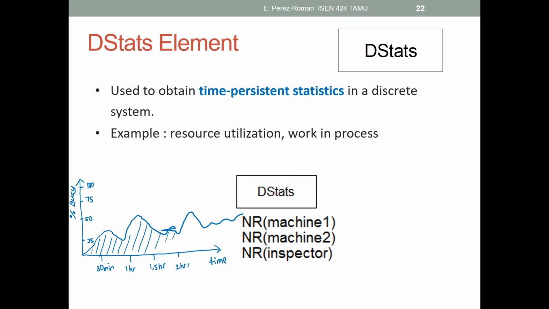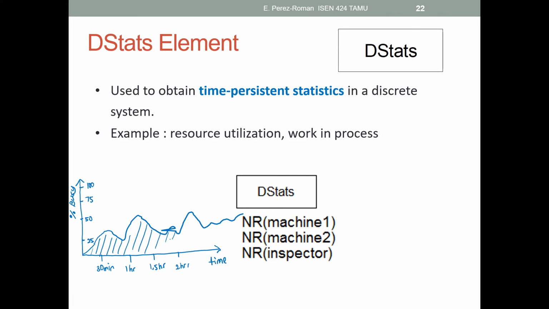So that's what this is going to do. We're going to measure some of these statistics like utilization. Working process is another one. How many entities you have inside the facility at any time, that's something that is changing across time. So that's another value that we're going to track using a time persistence statistic.